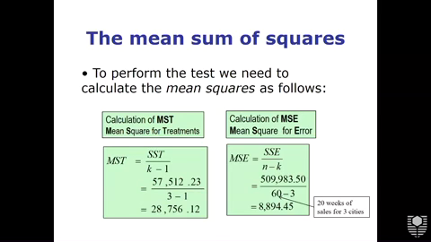For our example here, the MST, mean square for treatment, and the MSE, mean square for errors, will equal these values. Between treatments is 3 treatments minus 1, and within is N minus K, the errors.